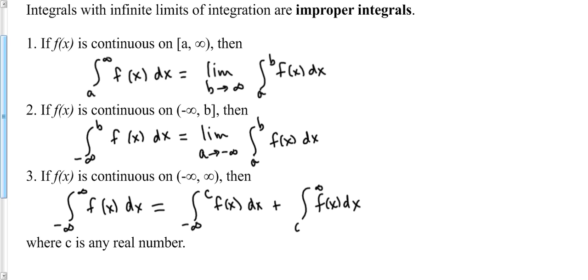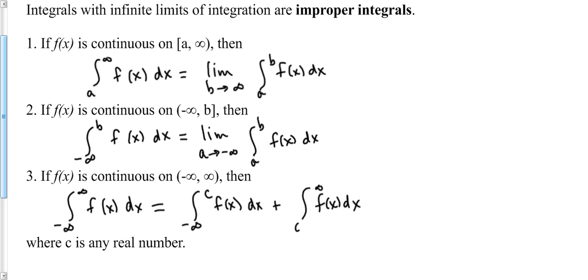Number 1, if f of x is continuous on the interval from a to infinity, then the integral from a to infinity of f of x dx becomes the limit as b goes to infinity of the integral from a to b of f of x dx.